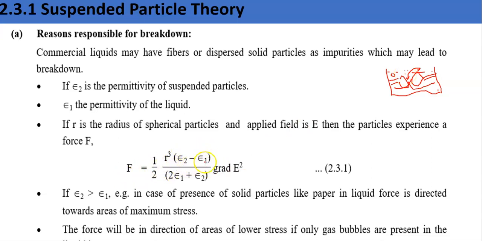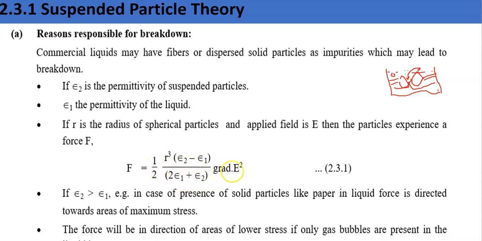Into epsilon 2 minus epsilon 1, over the denominator. Epsilon 2 is the permittivity of the suspended particle. If the permittivity of the suspended particle is higher than epsilon 1, this will be positive. If the suspended particle has higher permittivity, definitely this force will be higher, but at the same time this denominator will also be large, so you have to see that.